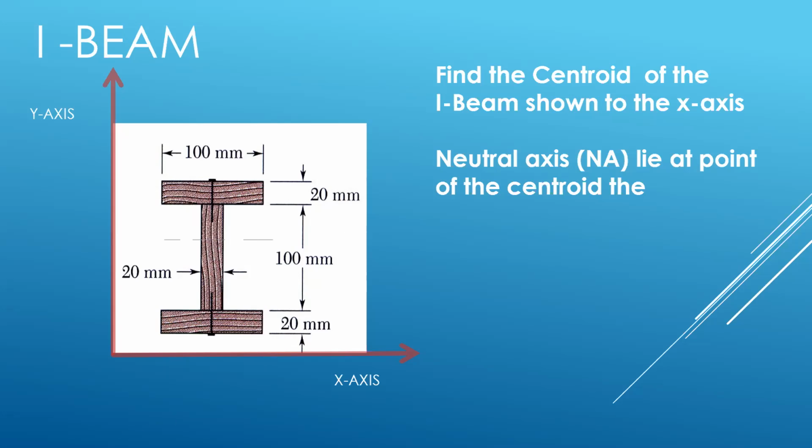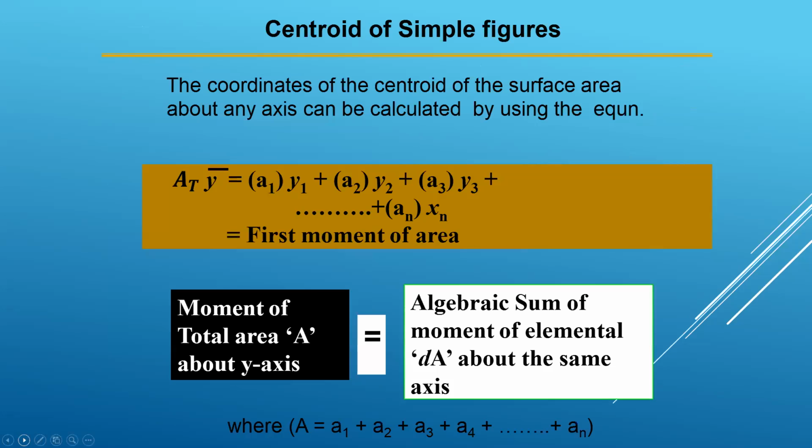Now, as you know, it can be done in two different formats. We can use a simple formula, right? The coordinate of the centroid of a surface area about the axis can be calculated by using the equation, meaning the entire area of the body times y prime, which is the centroid point that you want to find, equals the area of the first section times the distance y1, plus the area of the second section times the distance y2, and so forth.